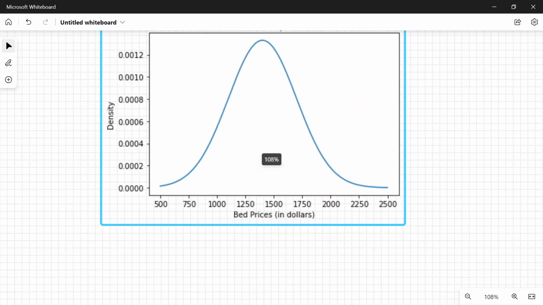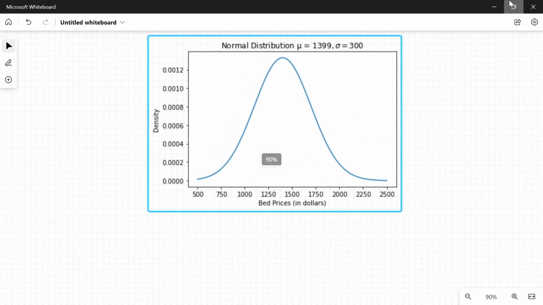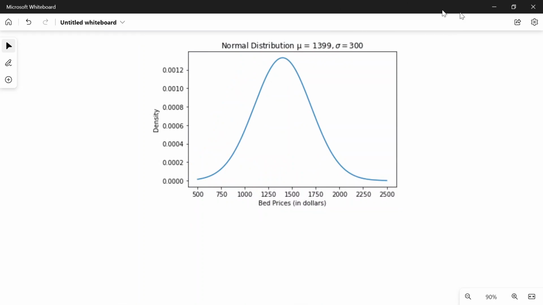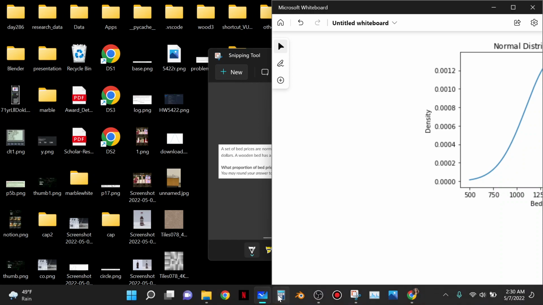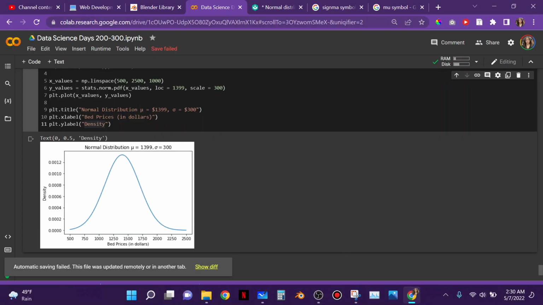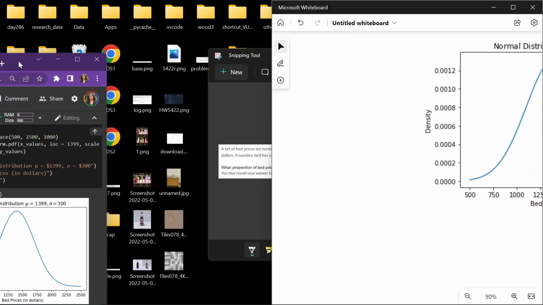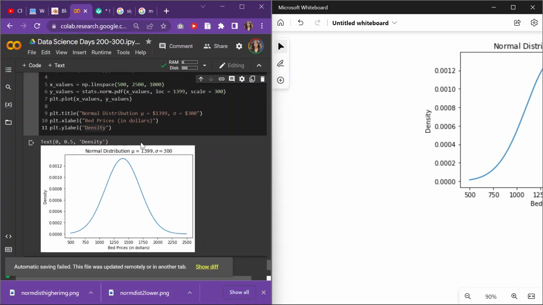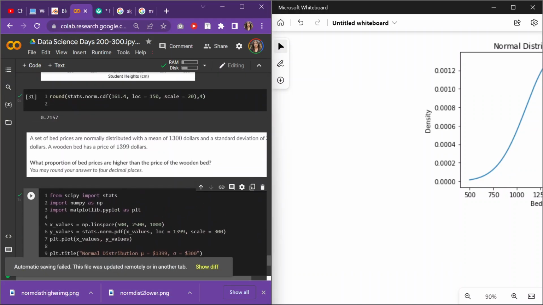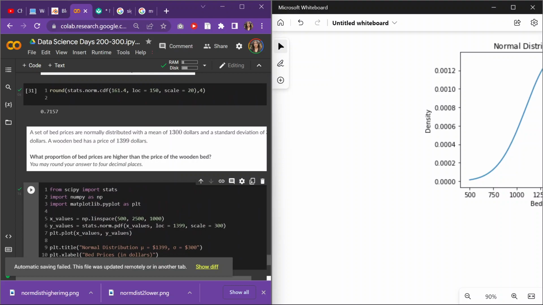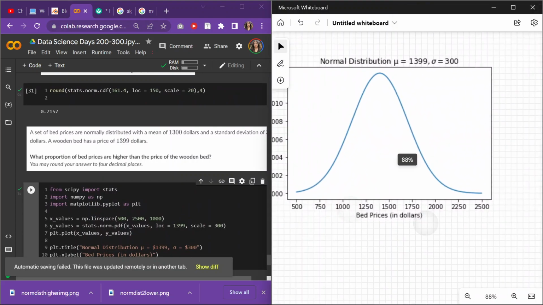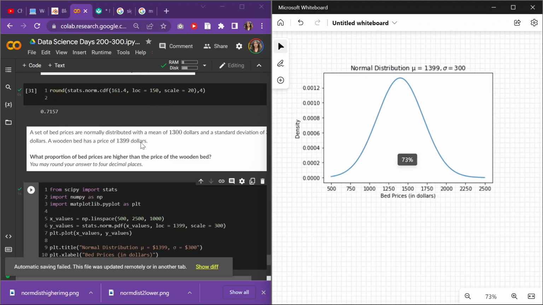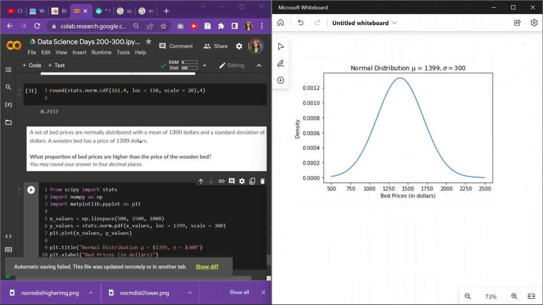Okay, so basically, what is it asking? Let's go to the problem. A set of bed prices are normally distributed. So now you can see how the bed prices are normally distributed, meaning they're symmetrical.